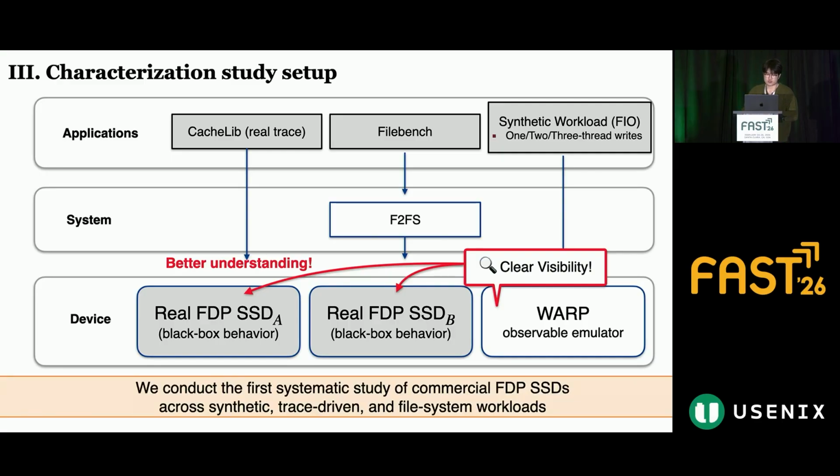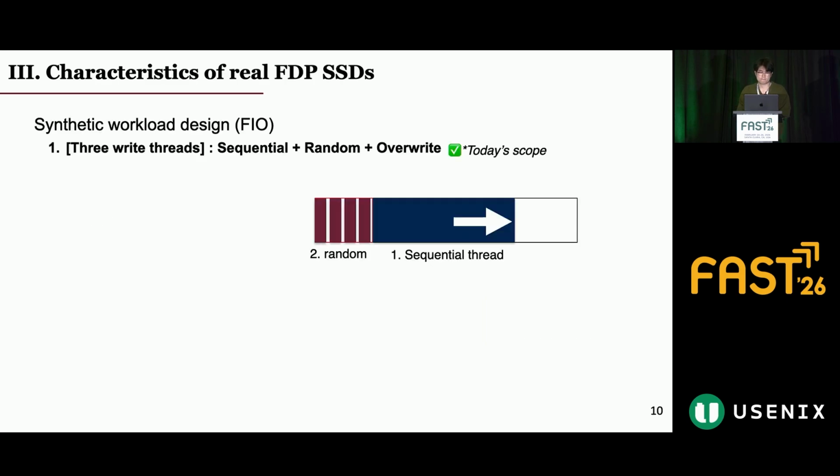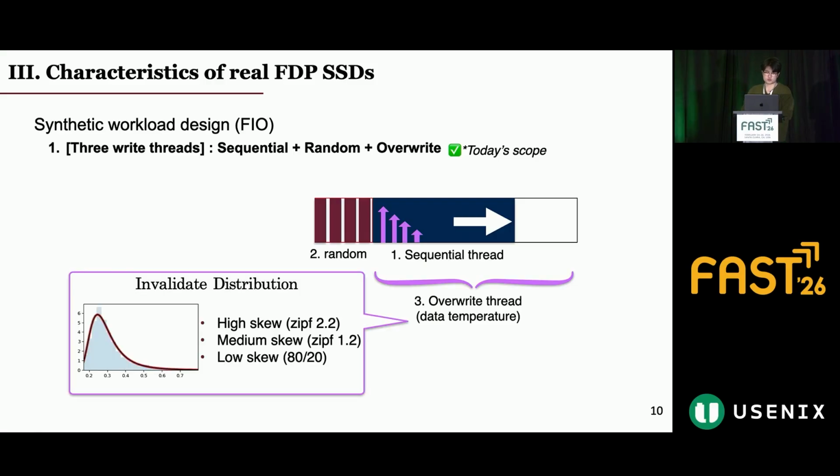So the takeaway is that we conduct the first systematic study of FDP SSD across synthetic, trace-driven, and file system workloads. I cannot cover all these workloads, so I'll briefly cover the synthetic workload today. The main focus for the synthetic workload is the three write threads. This workload combines a random write thread, a sequential append thread, and an additional overwrite thread that overwrites with different distributions.